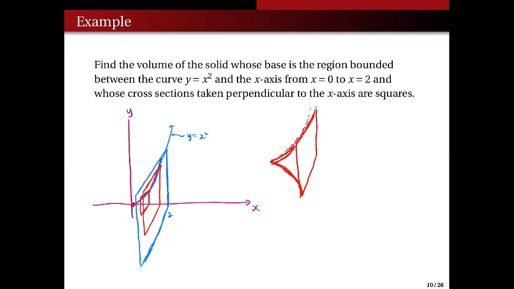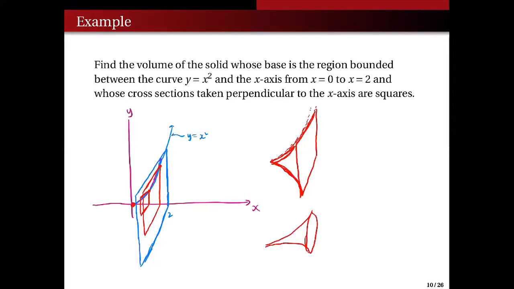Imagine a musical horn. Is it called a tuba? Instead of circular, you have squares. Something like here and then something like here. Instead of circular, you have square instead.